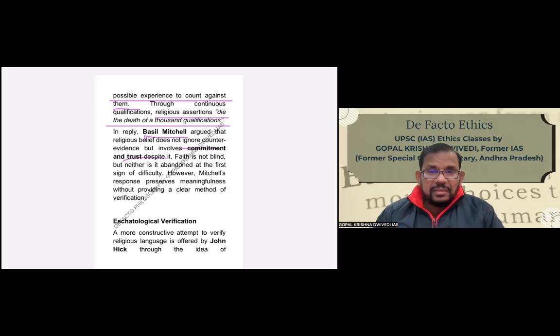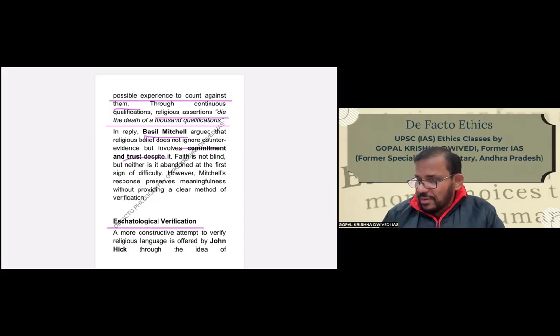Mitchell's response preserves meaningfulness without providing a clear method of verification, but still it provides some basis of meaningfulness.